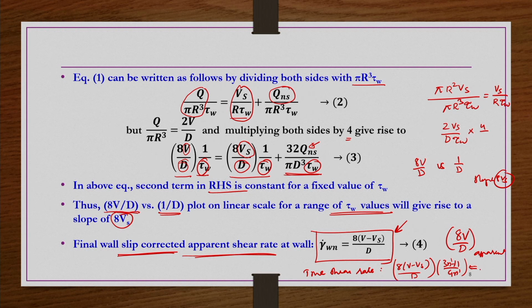That n prime is nothing but d log of tau w divided by d log of 8 (V minus Vs) by D. Not d log of 8 V by D like the previous case, but d log of 8 (V minus Vs) by D, because now 8 (V minus Vs) by D is the reliable apparent shear rate, or wall slip corrected apparent shear rate. Okay. We will take an example problem now to understand this.